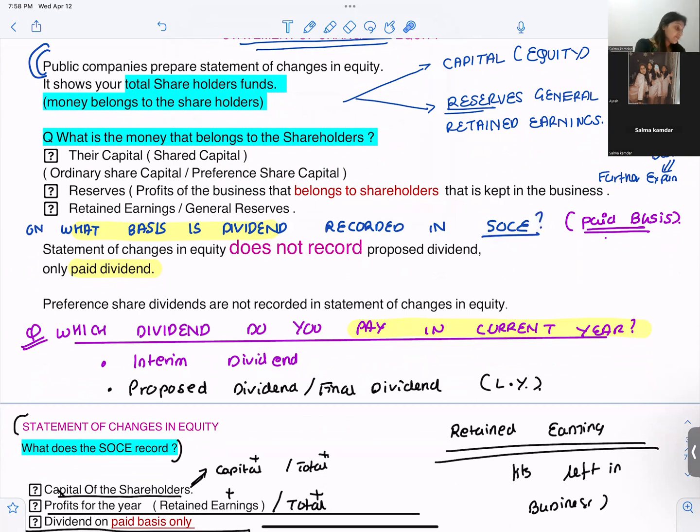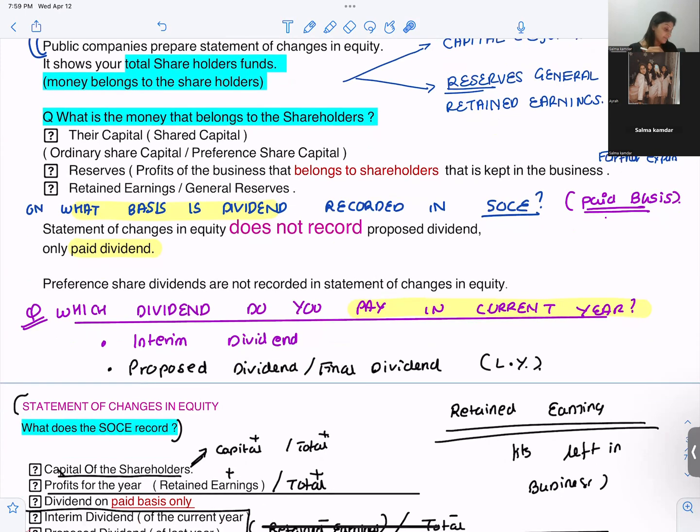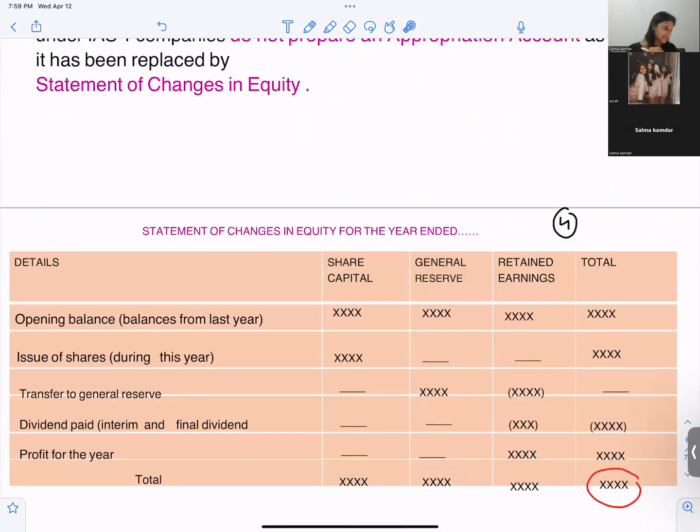Okay, so if we talk about the interim dividend, in the statement of changes in equity, you record interim dividend of which year? The current year. Of which year will you record? Current year only.